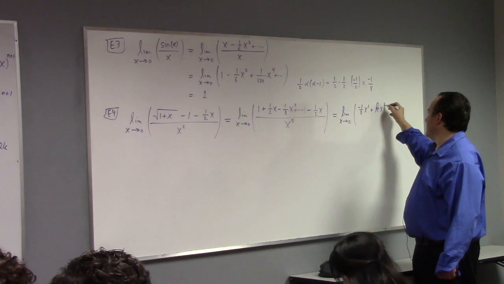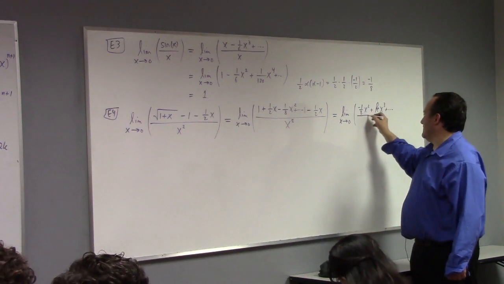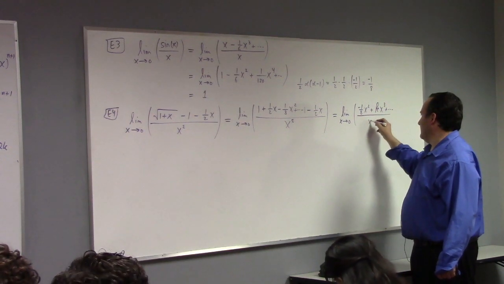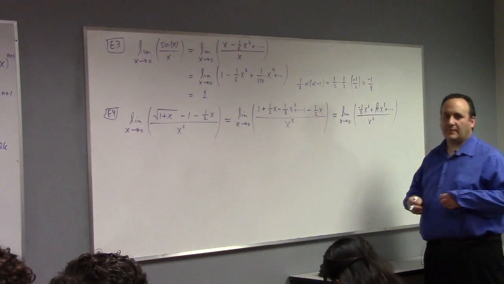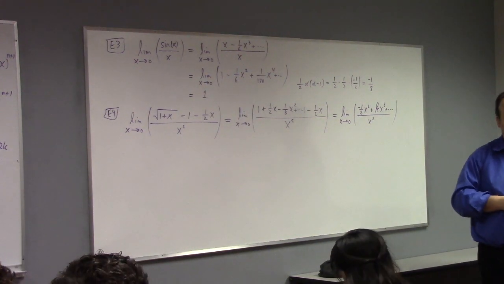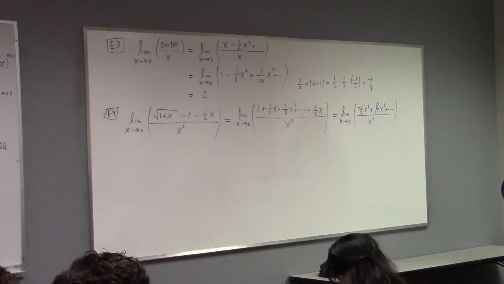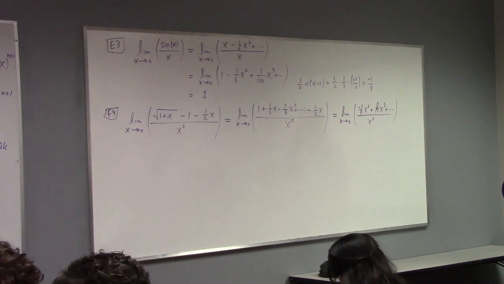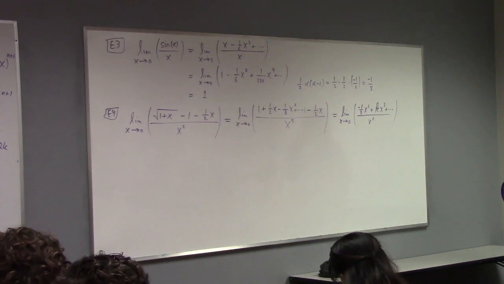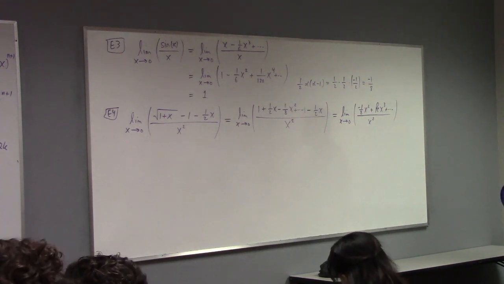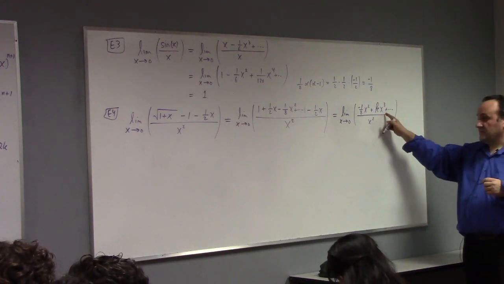I don't care what that constant is. You could figure it out, it's 1 over 3 factorial times alpha minus 1 times alpha minus 2, but the point is it's a number, and that is x cubed.